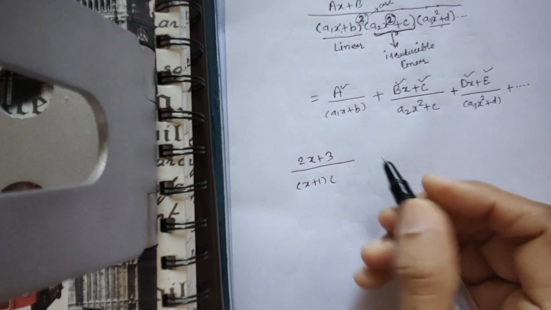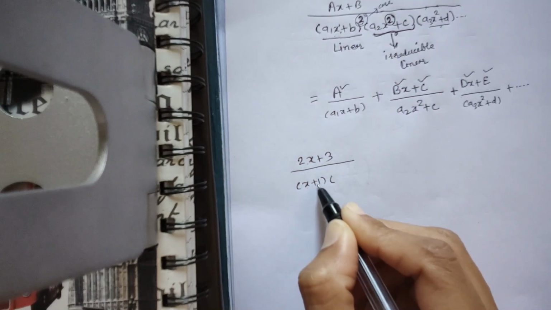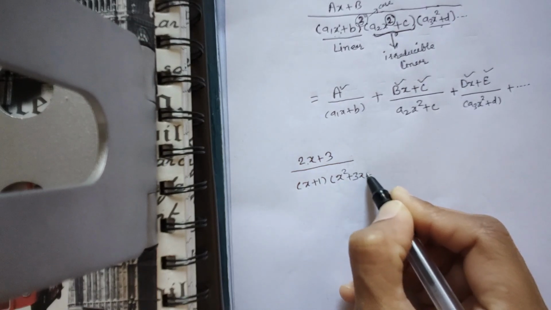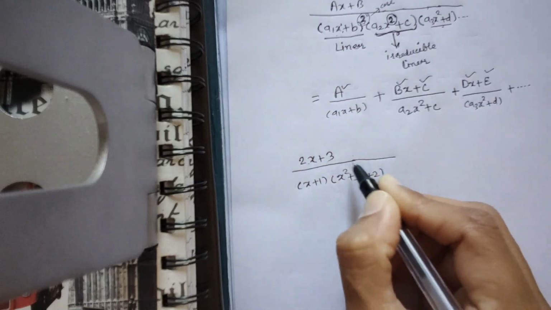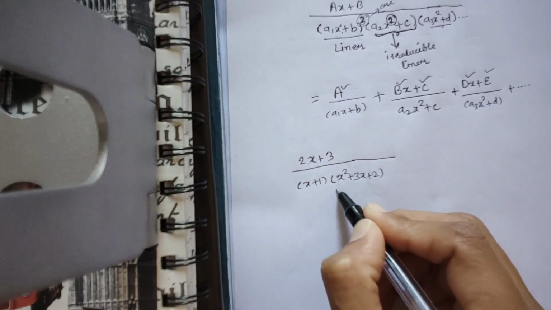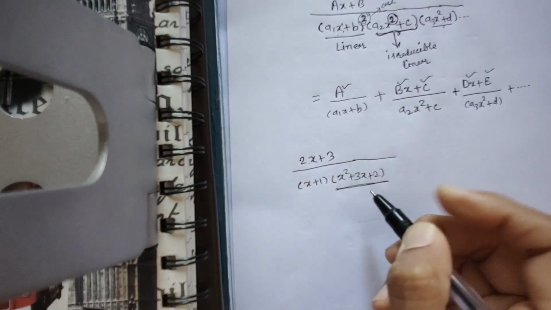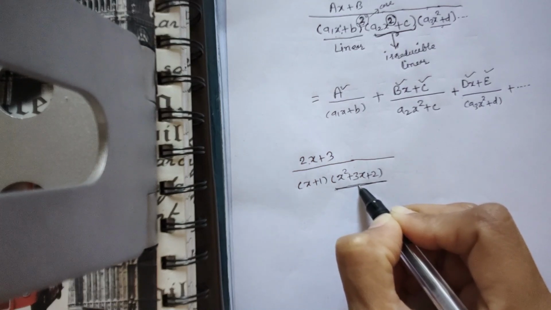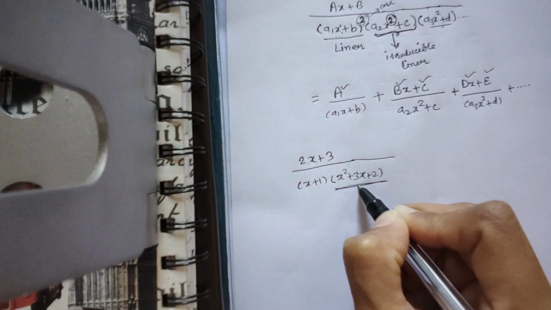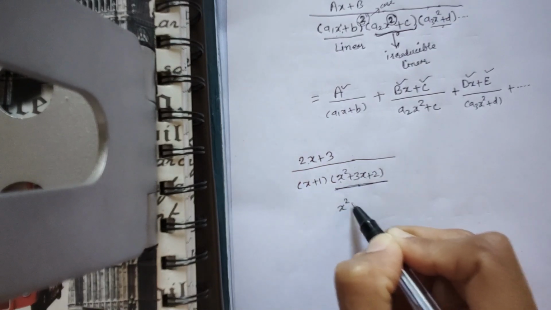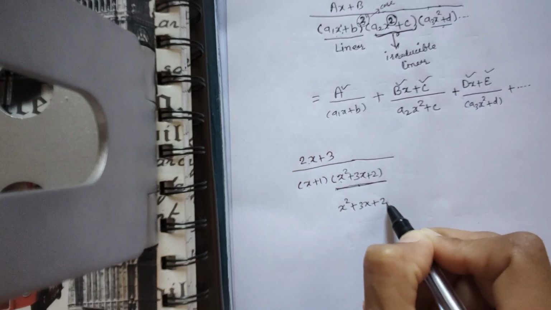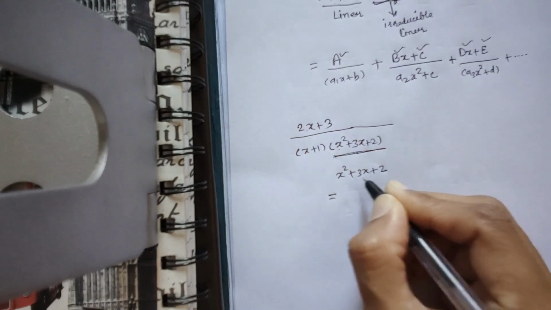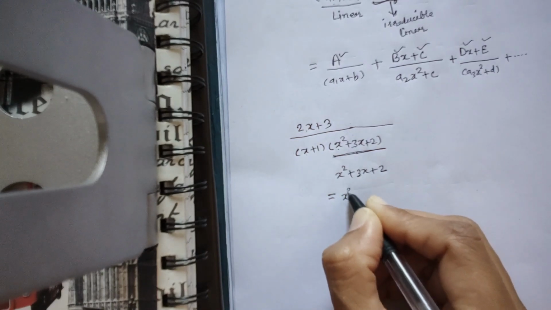Suppose I have the example 2x plus 3 upon x plus 1 into x square plus 3x plus 2, and I want to resolve it into partial fractions. Here also I have a quadratic equation, but first of all I will check whether it is reducible to the linear form or not. I need to find the factors of x square plus 3x plus 2. Yes, I can, because I am able to get the multiplication as 2 and the addition as 3.